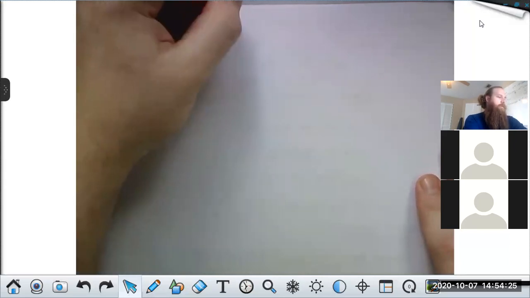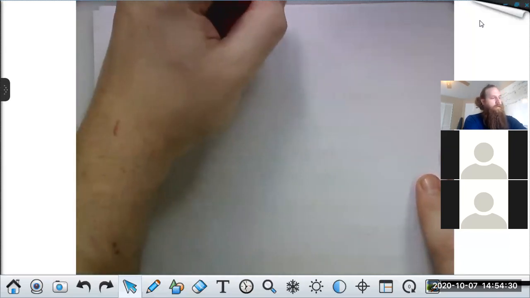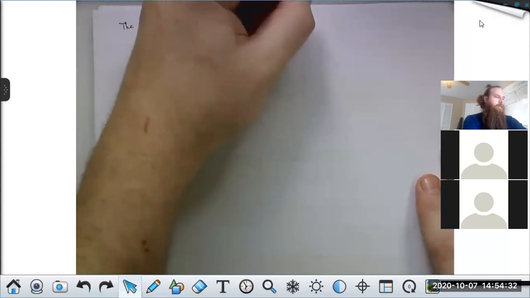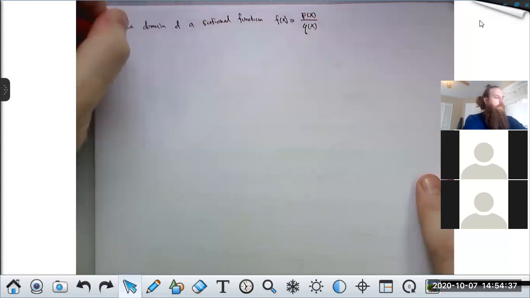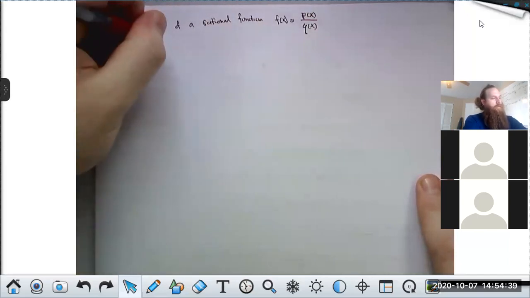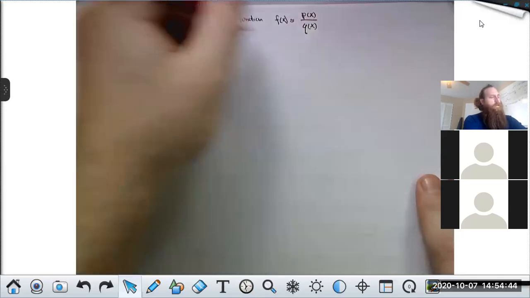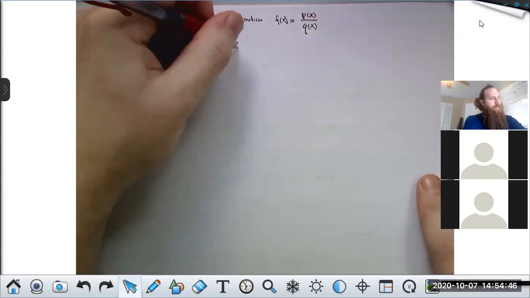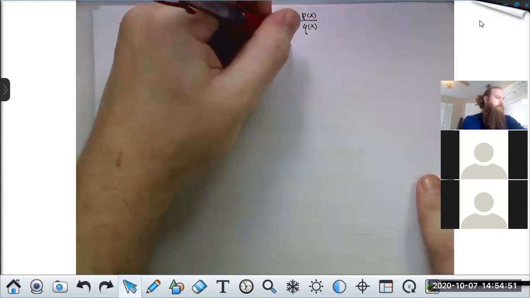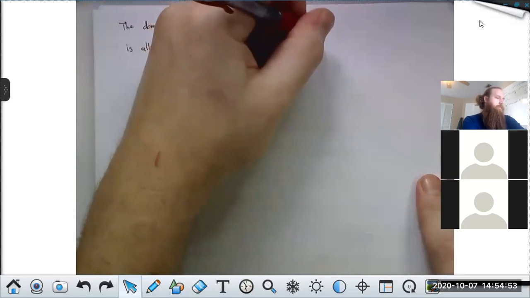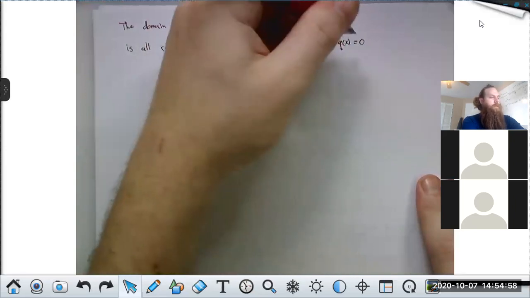The domain of a rational function, f of x equals p of x over q of x, is all real numbers except those which make the bottom equal to 0.